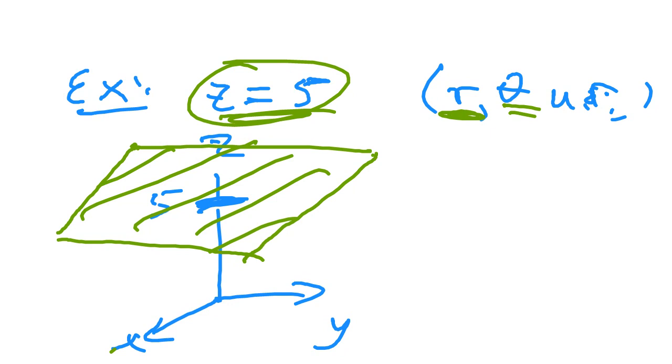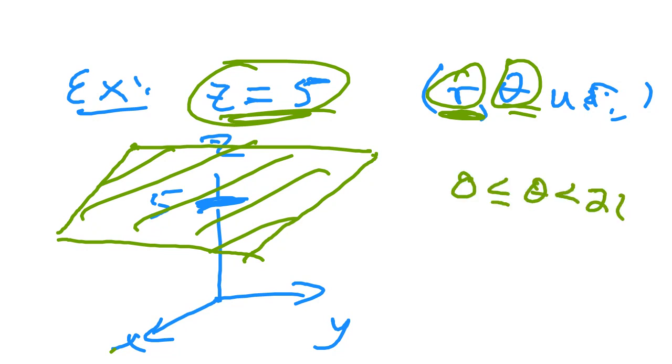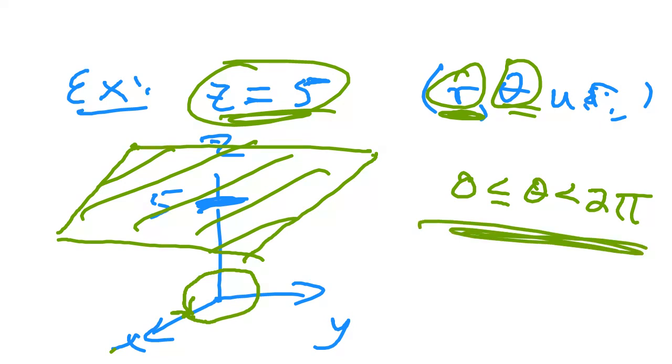It can hit any other x, y values, or in our case, r values and theta values, whether the r is positive or negative, and whether theta is positive or negative. But theta, of course, 0 is less than or equal to theta is less than 2 pi, right? So we start at 0, theta goes around. So we do have that restriction.